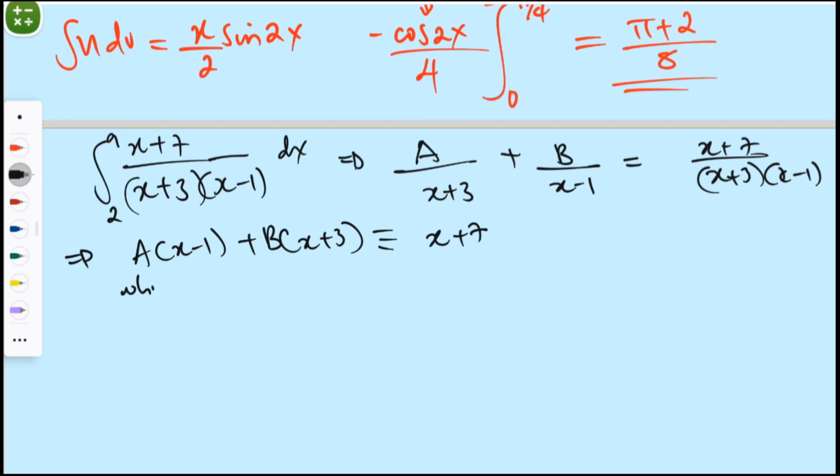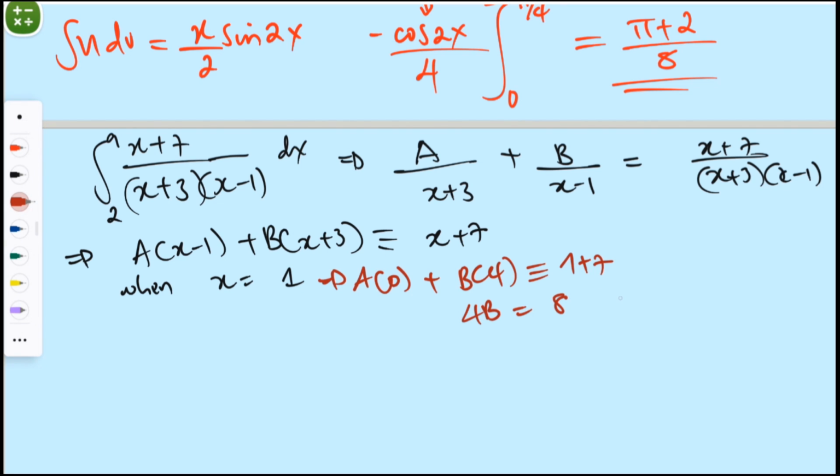Now when x equals 1, what happens? The a here cancels out, so we would have a times 0, since 1 minus 1 is 0, plus b times 4, equivalent to 1 plus 7, okay? And then for b, 4b equal to 8, so b equal to 2.